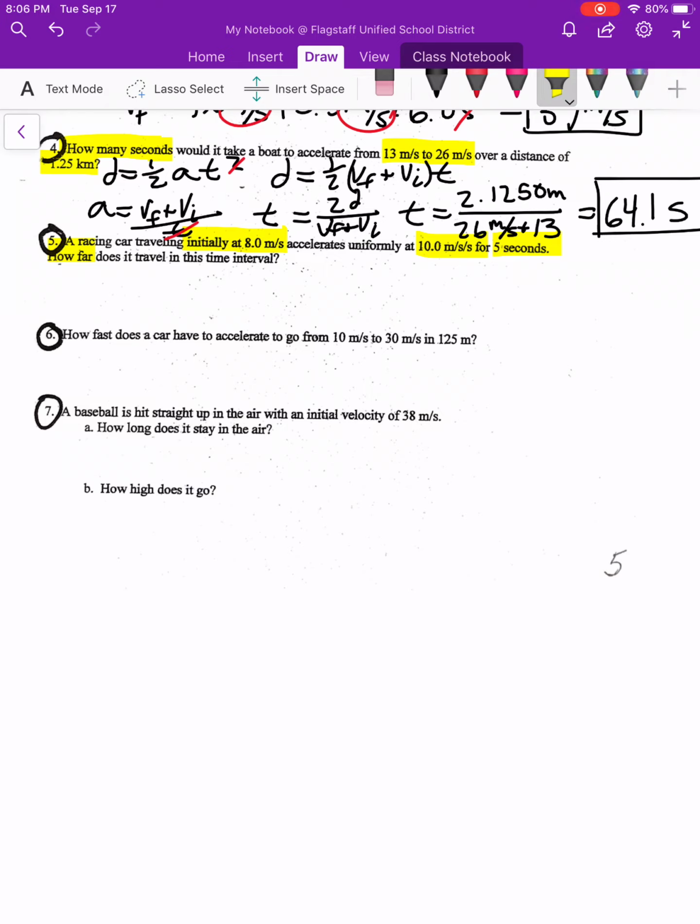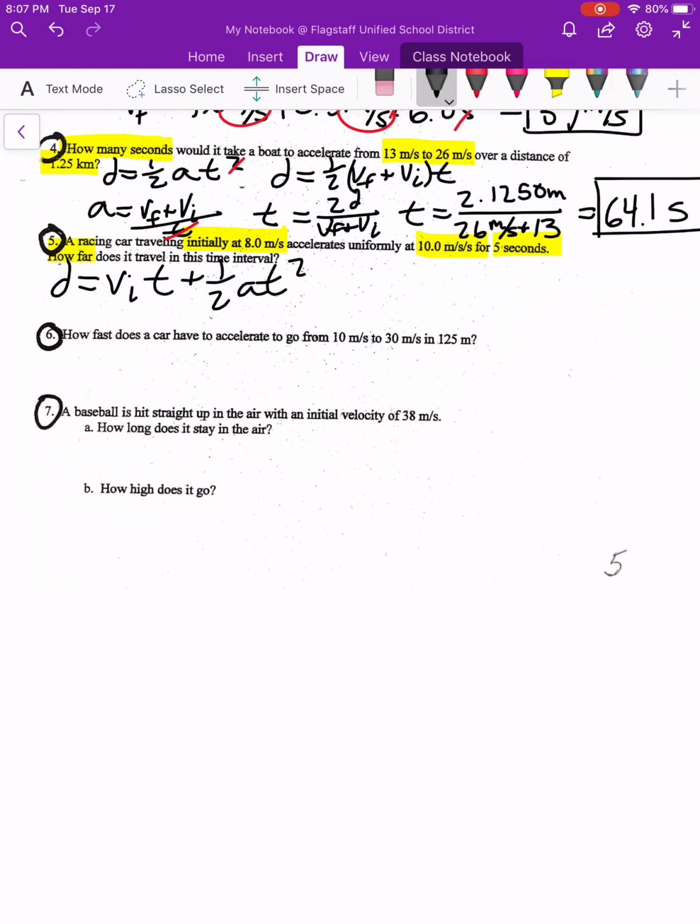I'm given an initial velocity, an acceleration, and a time, and I'm looking for distance, so I'm thinking we're going to use this equation. Distance is 1/2. Whoops, sorry, wrong equation. Right, because we have an initial velocity, so we can't neglect it. So it's my initial velocity times time plus 1/2 a t squared. Again, don't forget that square, it's super important.